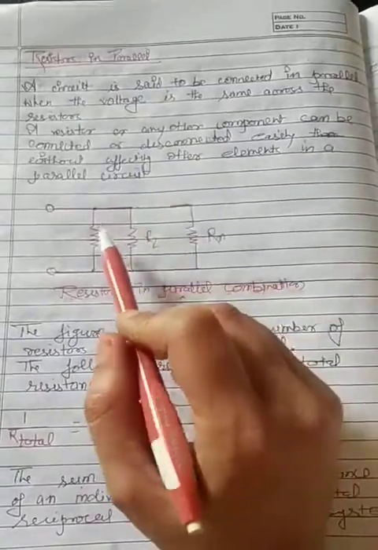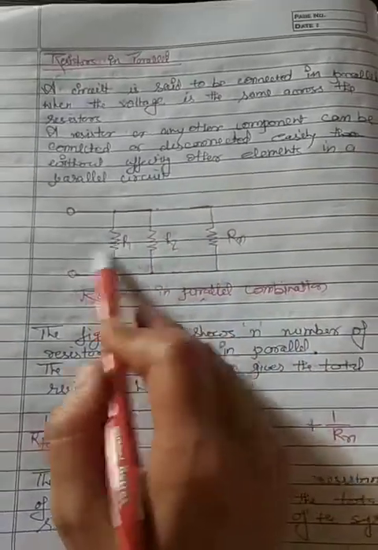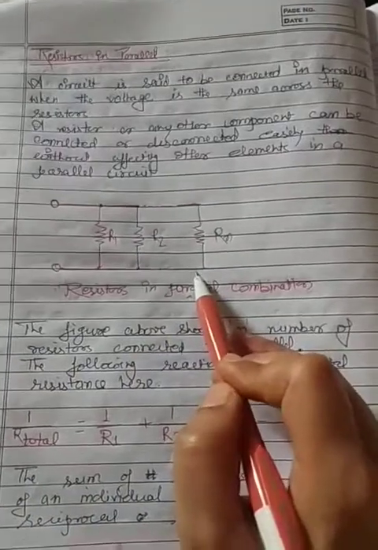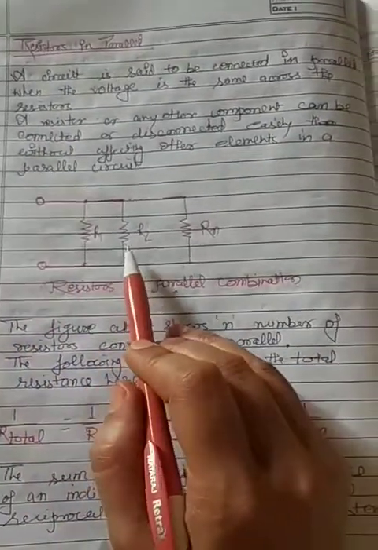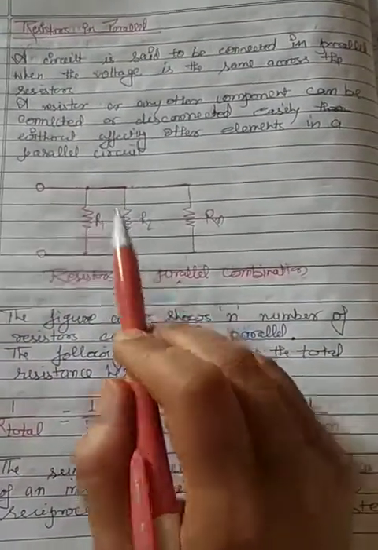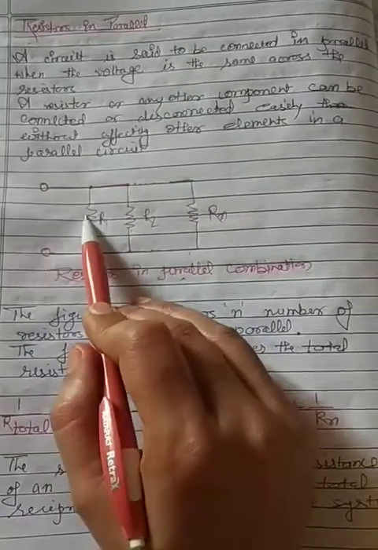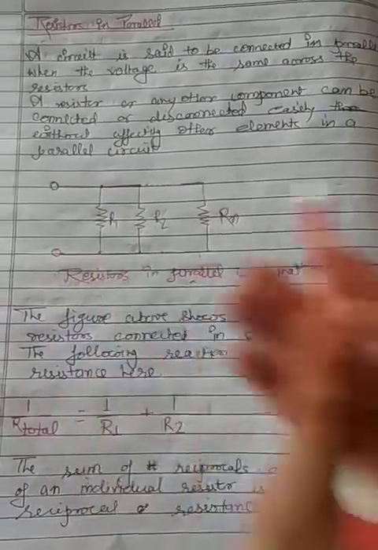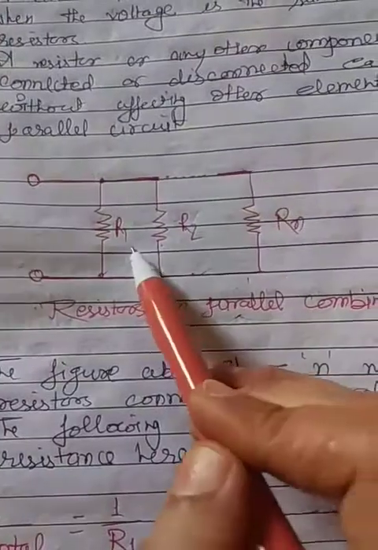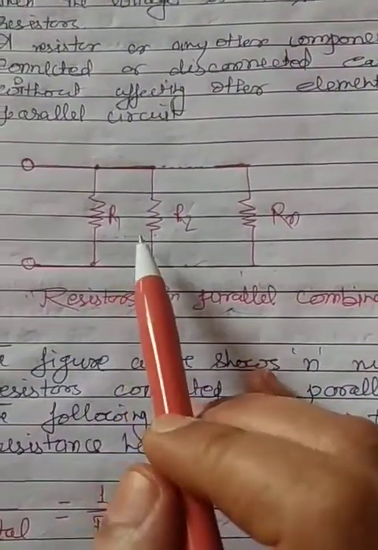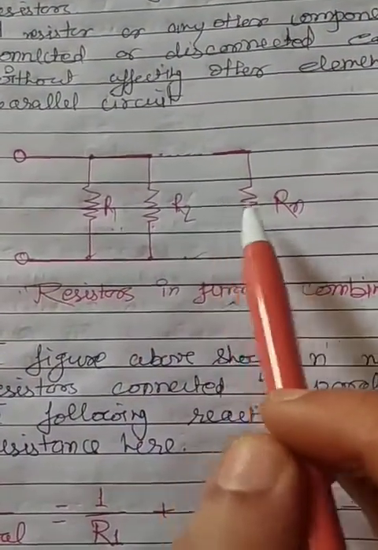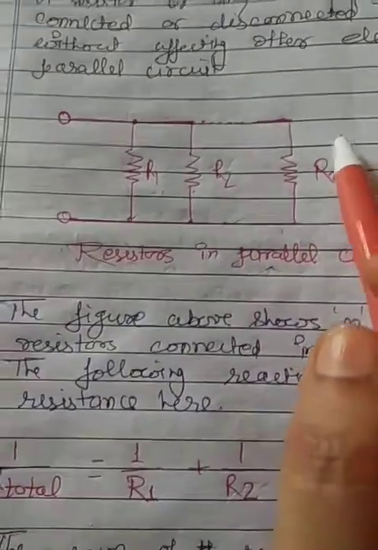If one component got fused, or a resistor is broken or a fault occurs, it will not affect the other components or resistors in a parallel circuit.